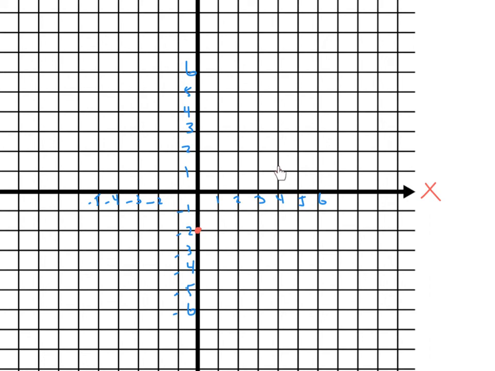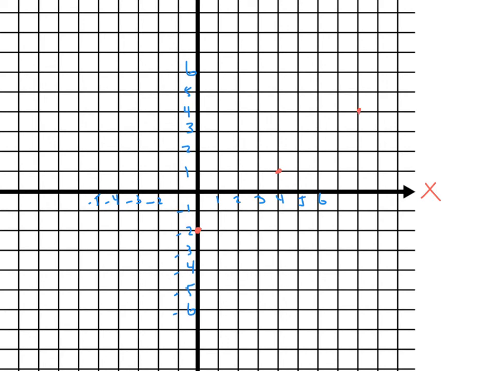So from here, we're going to go 1, 2, 3 units up, and then 1, 2, 3, 4 units to the right. So where I've stopped, that would be located at the point 8 and 4. So I'm going to go ahead and put a data point or a dot at that particular spot. So that would be right here.